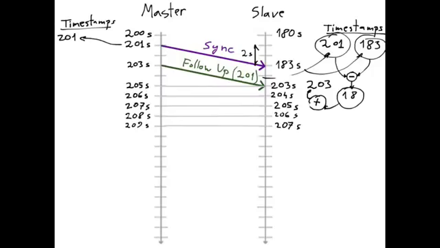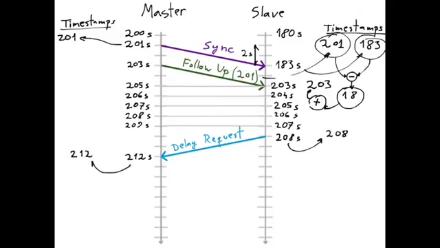Okay, to fix this remaining offset, PTP proceeds as follows. A slave sends a delay request message, and it timestamps the instant of transmission of that message. On the other side, at the receiving end, the master timestamps the arrival time.